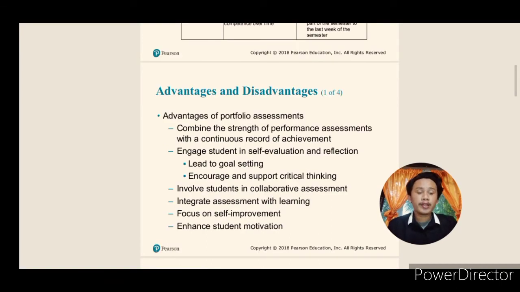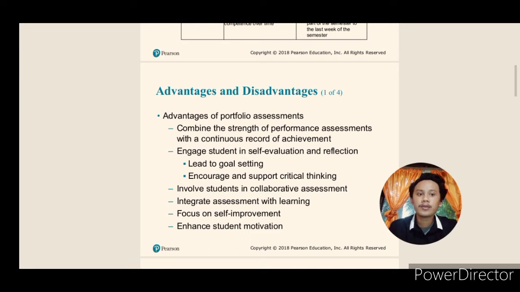Okay, so in using portfolio assessment, there are also advantages and disadvantages. Let's talk about the advantages of portfolio assessment. First, it combines the strength of performance assessment with a continuous record of achievements. Next, it engages students in self-evaluation and reflection that leads to goal setting, and encourages and supports critical thinking.